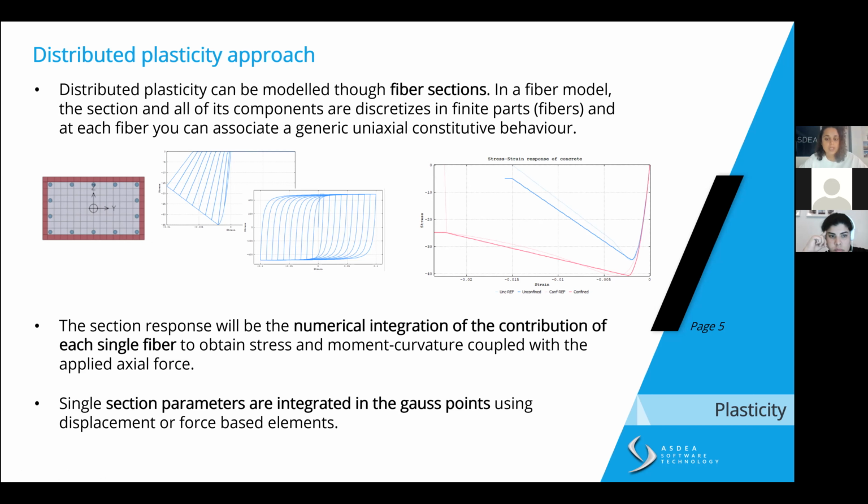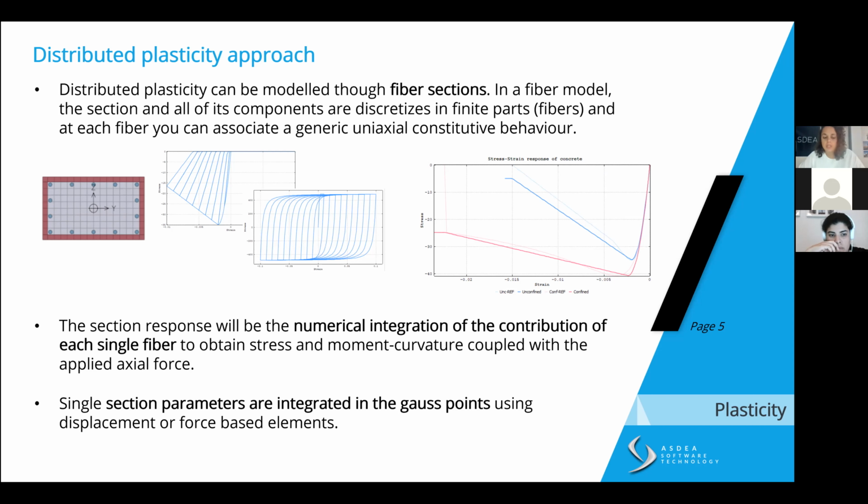You can obtain stress and moment-curvature response coupled with the axial force. This is very useful if you want a full description of plasticity along your element. All the parameters for each section are integrated at the Gauss points using displacement-based and force-based elements.